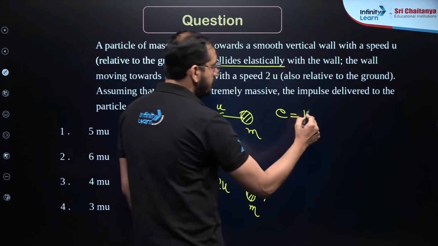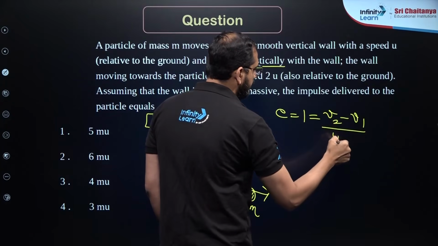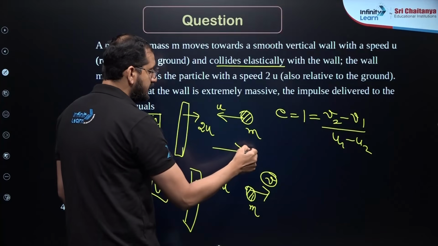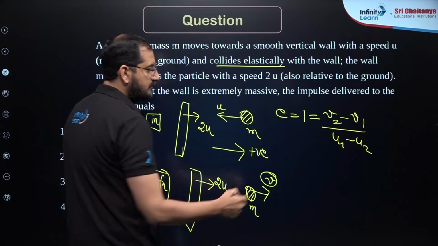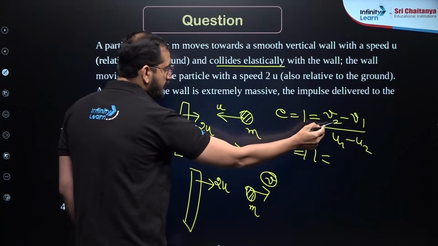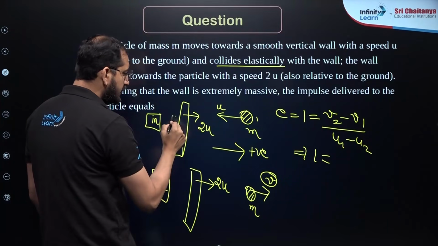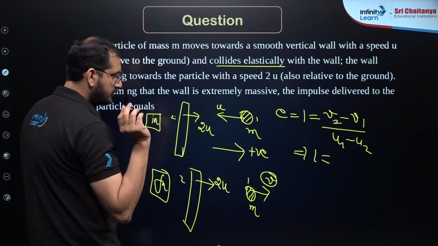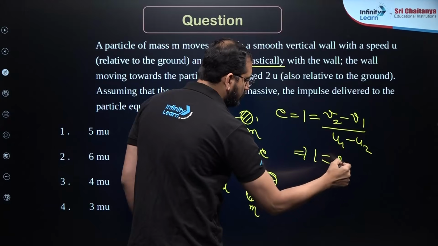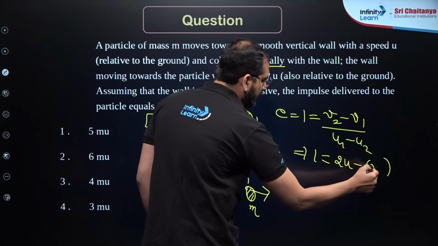E is given as 1. We know the formula for E, we can write it down like this. Let's say this direction is the positive direction. Let's try to put the values over here. Let's say this is particle 1 and this is particle 2. So V2 after the collision we can write as plus 2u. V1 after the collision we need to calculate.